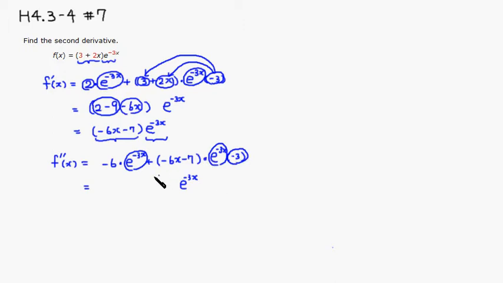Negative 6 is negative 3 times 2. So I'll factor negative 3 out and put negative 3 in front. Then let's collect the leftover factors. So it's 2 here, and you have a negative 6x minus 7.